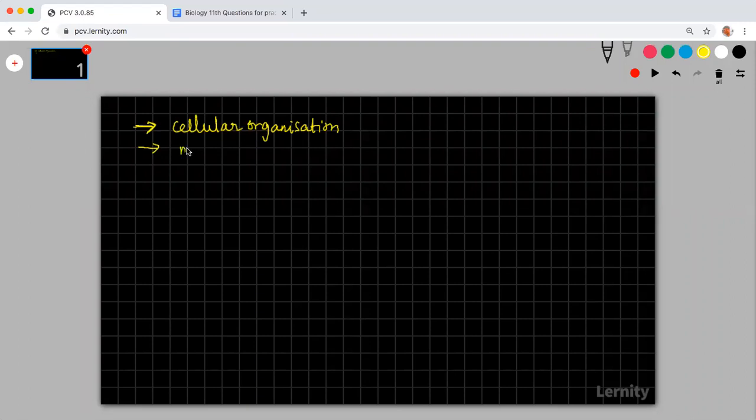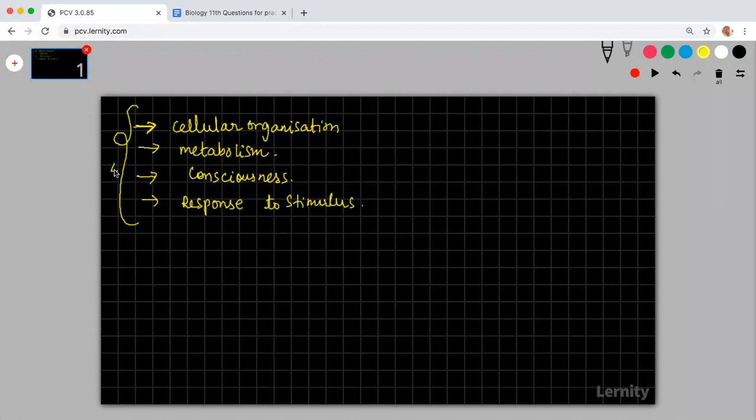Cellular organization, metabolism, then you have consciousness, then what is the fourth thing? And response to stimulus. These are the 4 defining features of living organisms. You have to explain this and write.